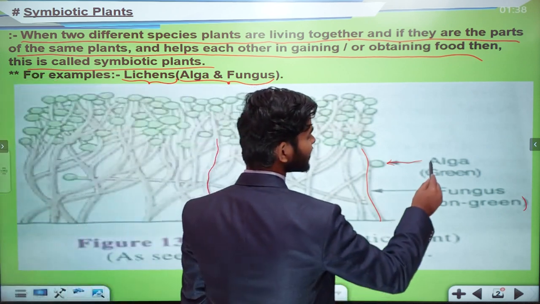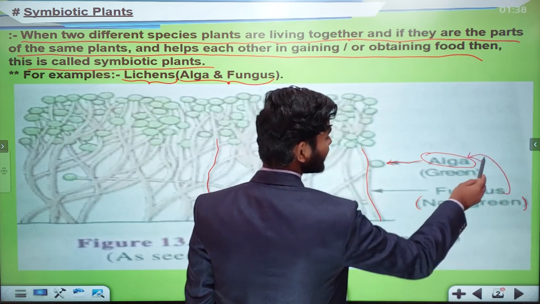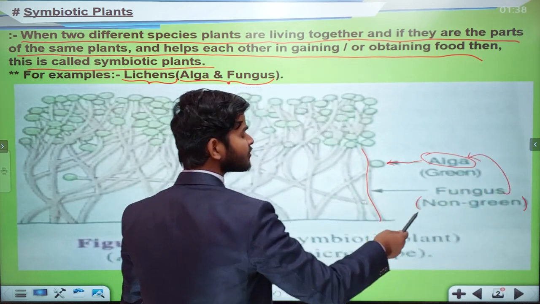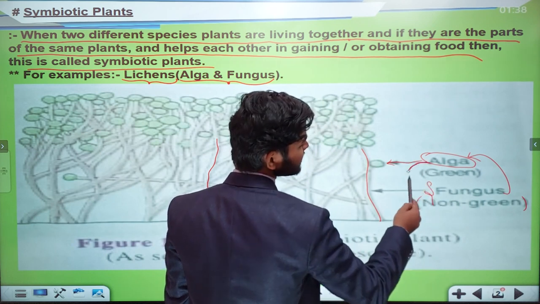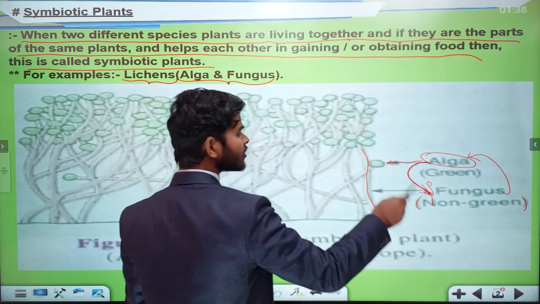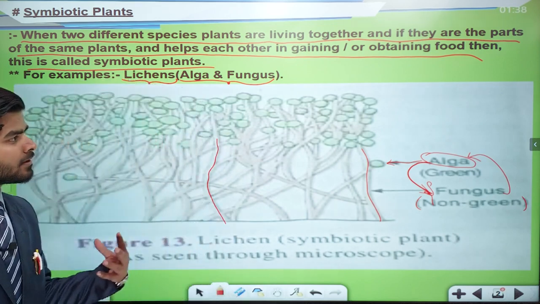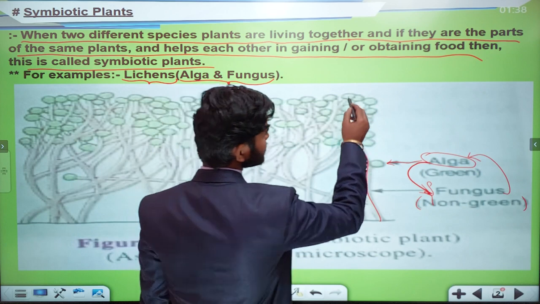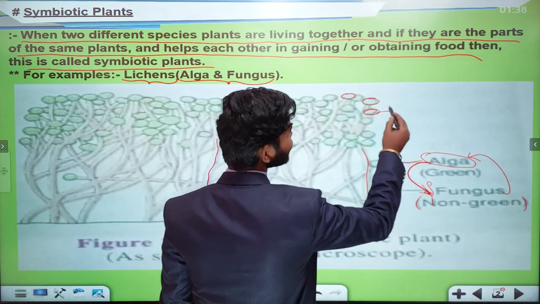So the requirement of the algae may be fulfilled by the fungus, and the requirement of the fungus can be fulfilled by the algae. In this way, both of them help each other in obtaining food. Okay, so these green colored, round shaped ones are the algae.